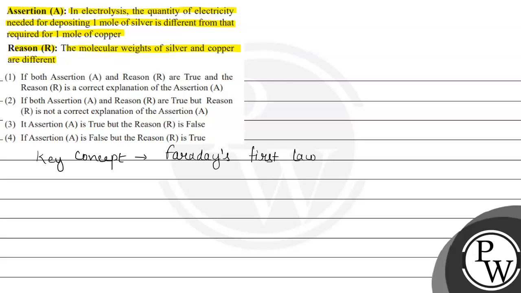It says the mass of elements deposited at an electrode in grams is directly proportional to the amount of electricity passed.